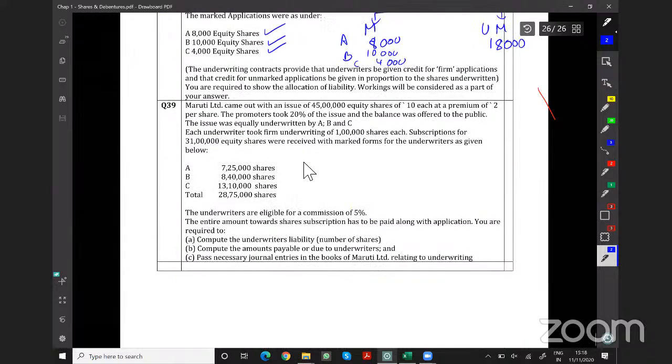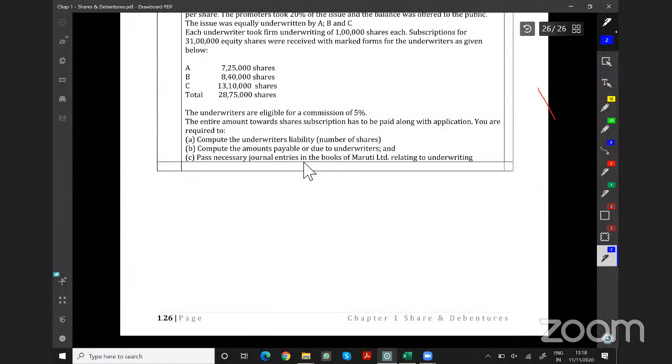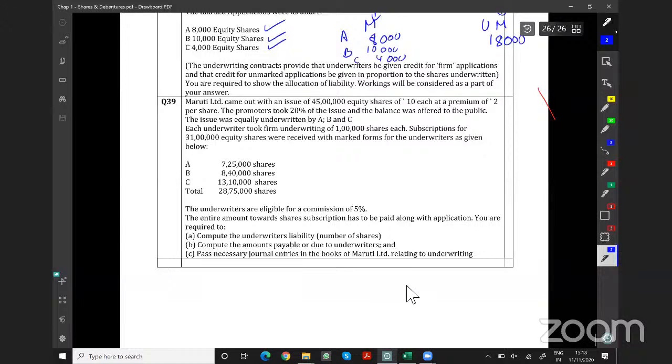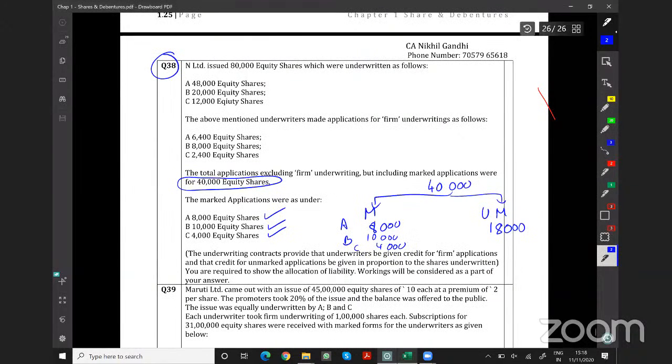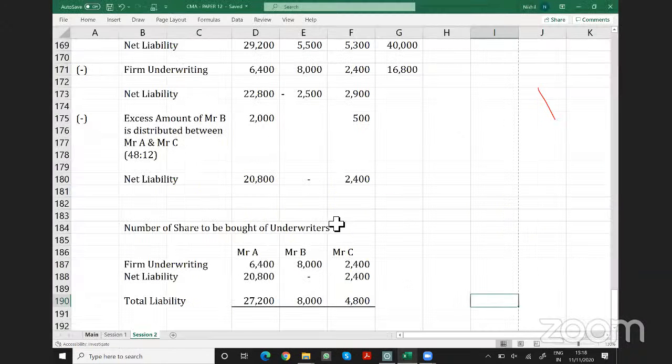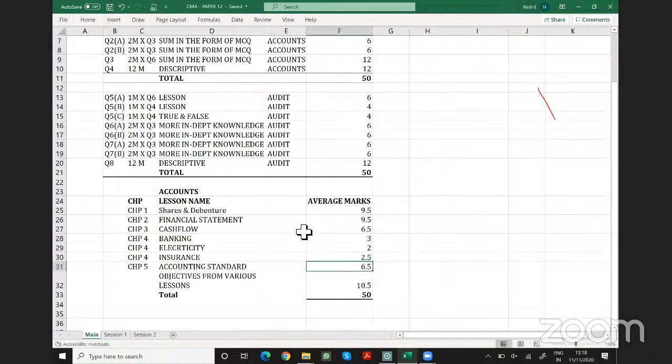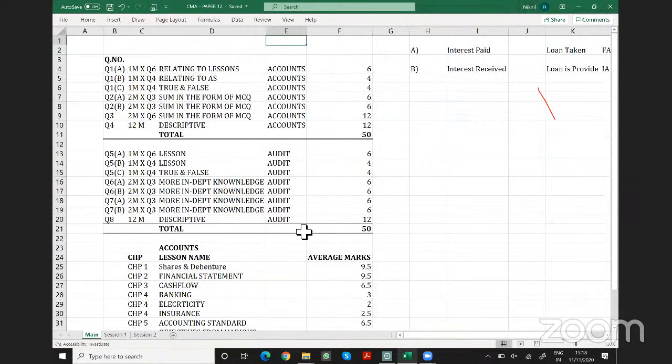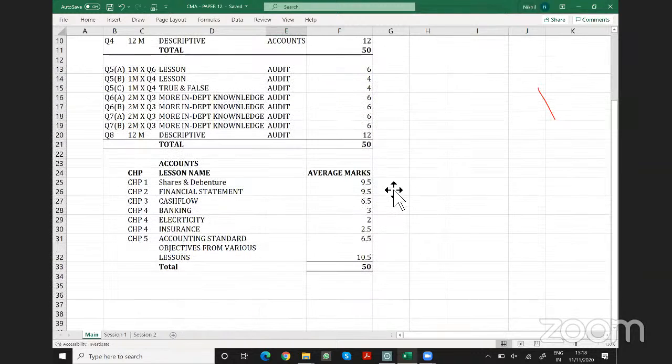So we have covered our first chapter as well. These were our three important chapters which are covered. So you will see chapter 1 with 9.5 marks done. Financial statements done.